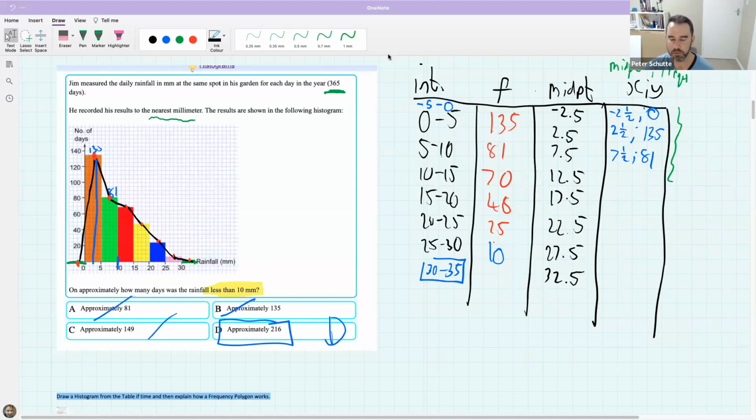For a frequency polygon, because frequency is the focus, we're using this value. There are other graphs which we'll learn about later, but for now, the frequency polygon focuses on the frequency. But the important bit of the x value is that it's in the middle of the group, or in the middle of the interval. Is that clear? Yes, sir. Thank you. Pleasure.